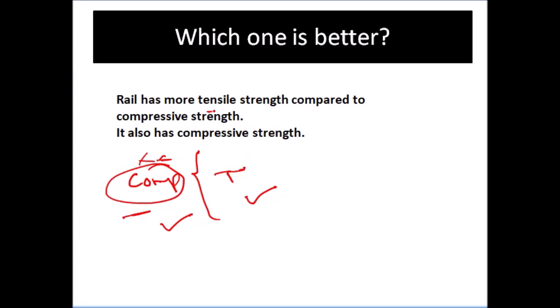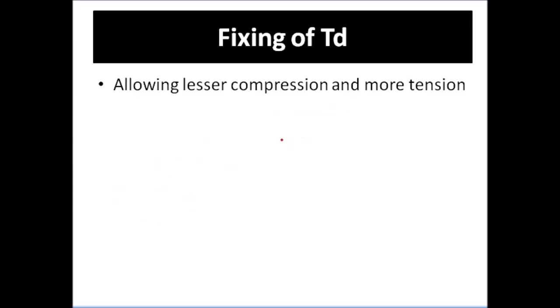Also, rail has more tensile strength than compressive strength, though it also has some compressive strength. But overall we understood that compressive stress should be less compared to tensile stress.